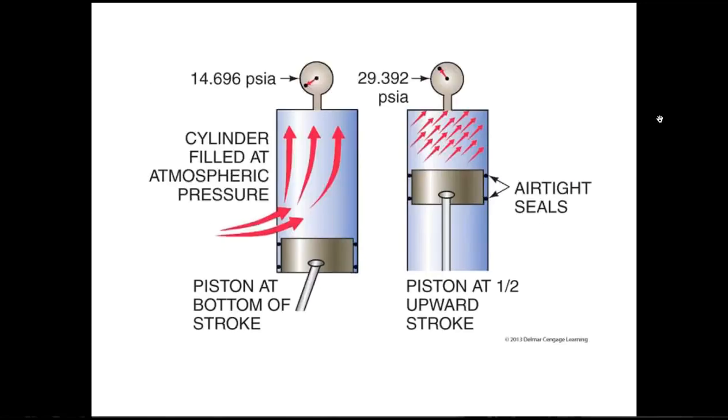Okay, and here's an example of that. So here's our piston, and we fill this piston with air, and it's at atmospheric pressure, which is 14.7 PSI, and we reduce this piston by half the size. We compress this gas, and we reduce the volume in half. It doubles the pressure.